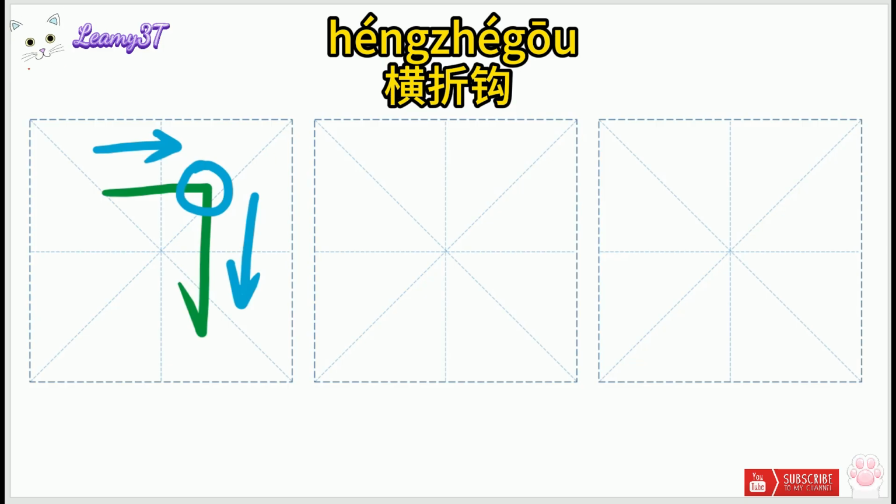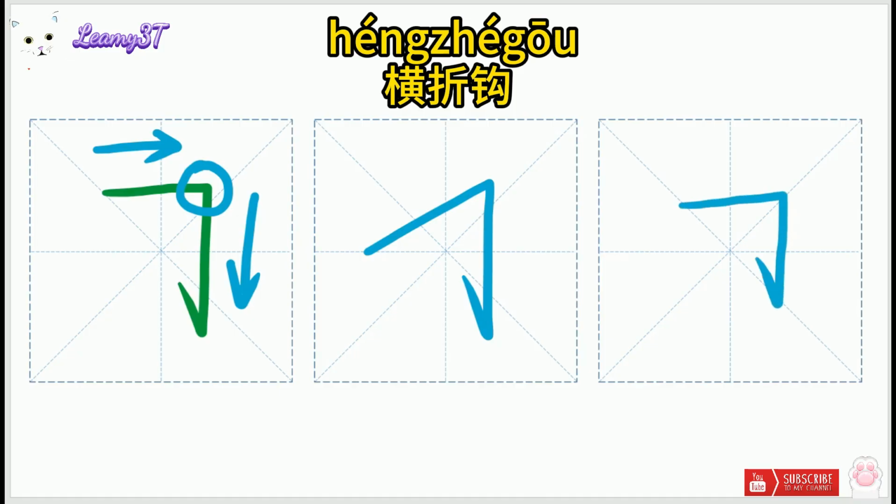Sometimes heng might rise at a sharp angle, become steep, or stay level. This stroke should change depending on the character it's in. Now, let's read and write together.